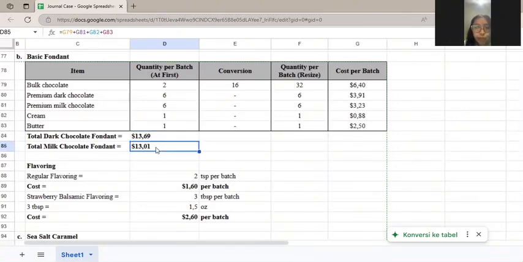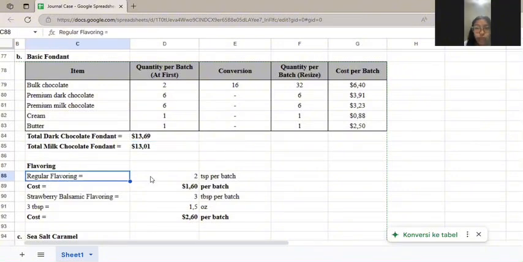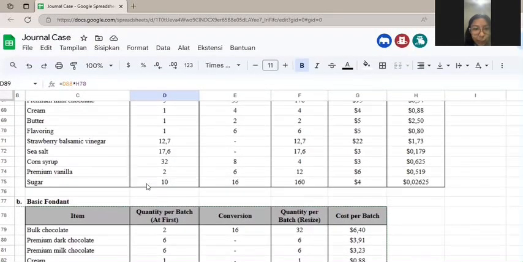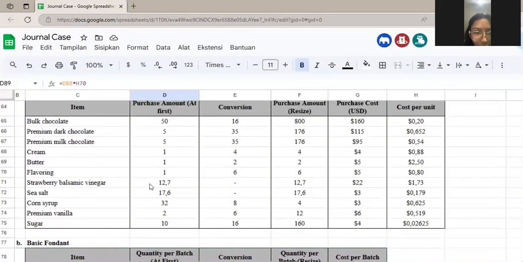And for the flavoring, regular flavoring is 2 tablespoons per batch. The cost, we should multiply with the previous table from table A. Could you please search it? Yes, on H70.